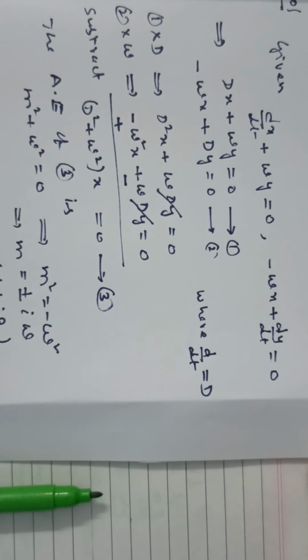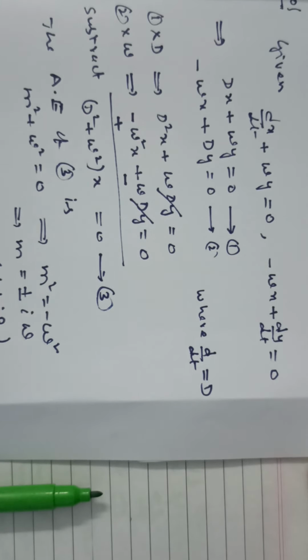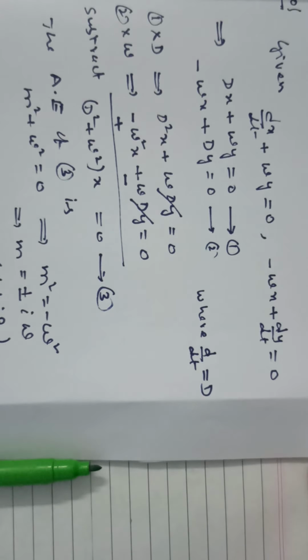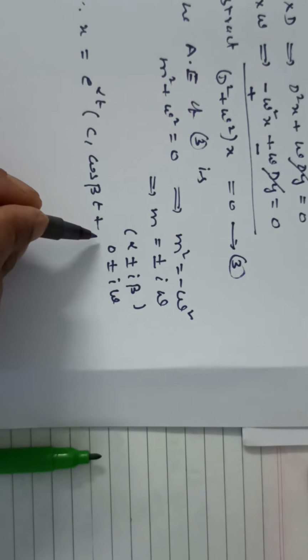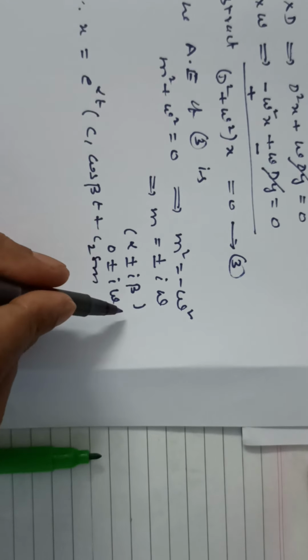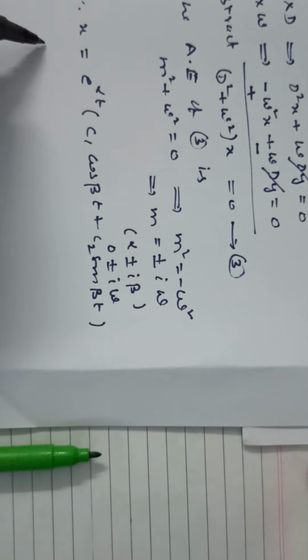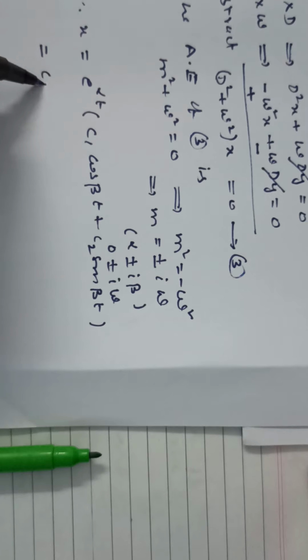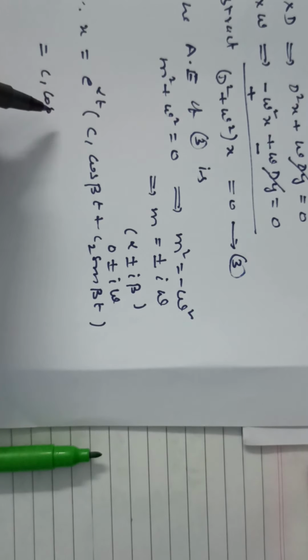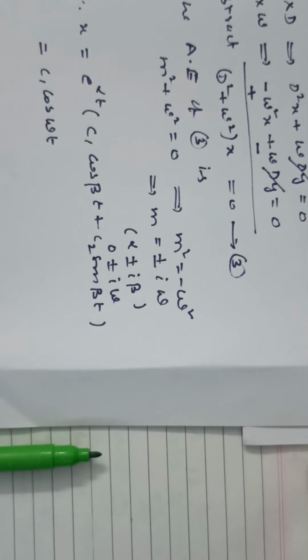So the solution of this is, therefore x is equal to, if the roots are in imaginary form, e power alpha t into c1 cos beta t, because t is the independent variable, plus c2 sin beta t, where alpha is equal to 0, means c1 cos omega t, because alpha is equal to 0, e power 0 is 1.